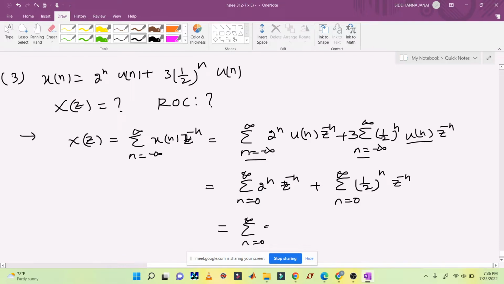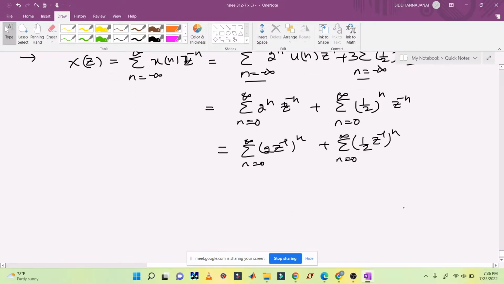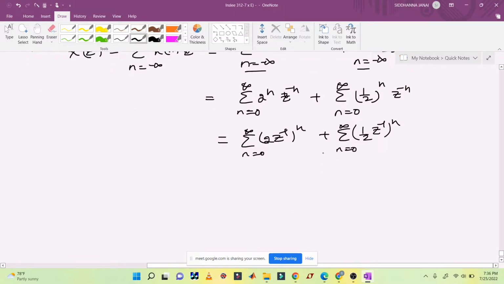So let us take the sum of (2 z to the power minus 1) to the power n plus the sum of (1 by 2 into z to the power minus 1) to the power n. So this is our standard form of the equation.